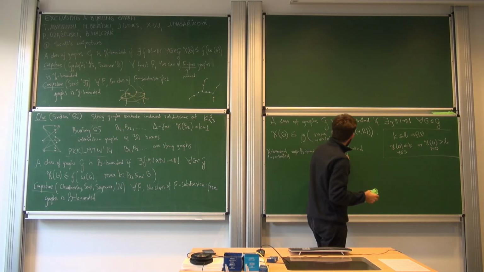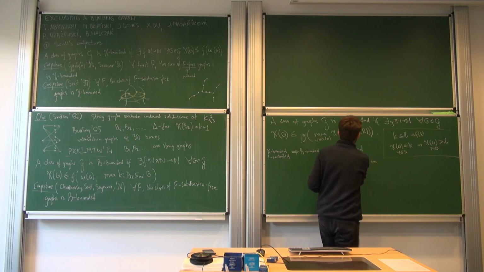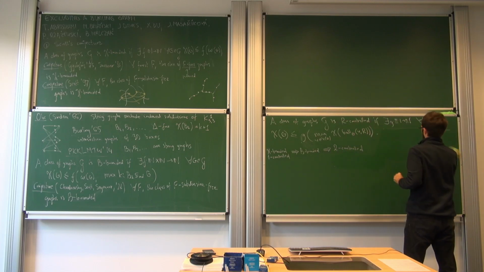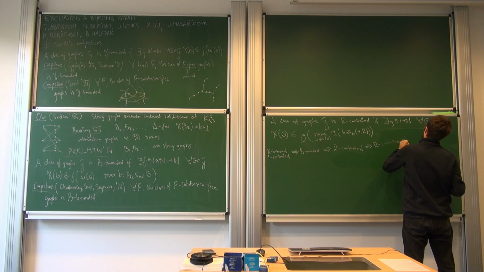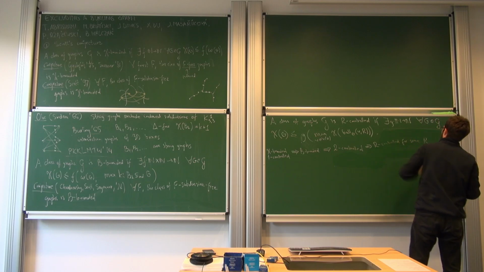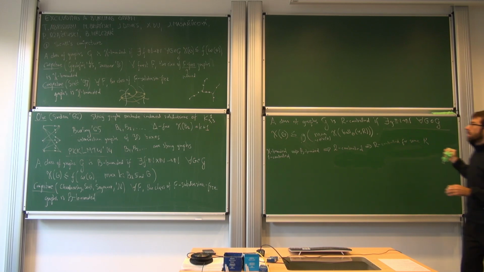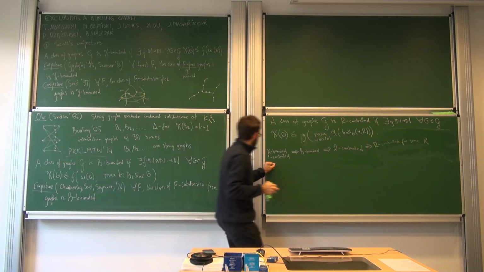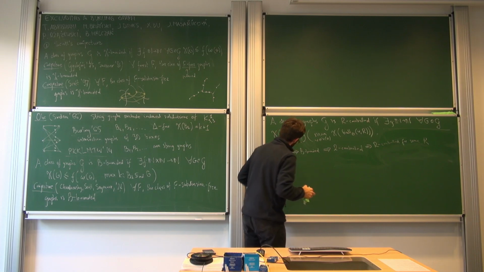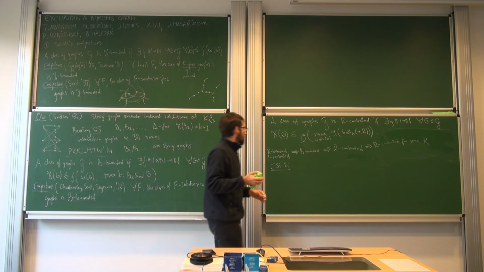And so on. And yet we have, for example, R controlled for some R. So Chudnovsky, Scott, and Seymour in this paper, they proved the following two results.